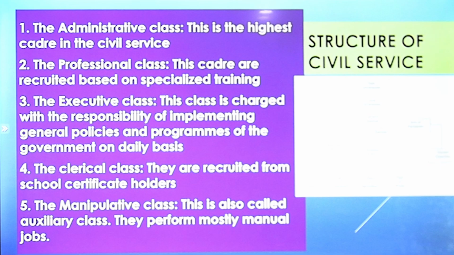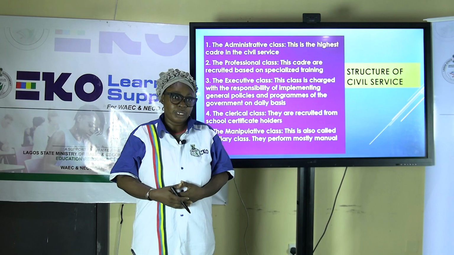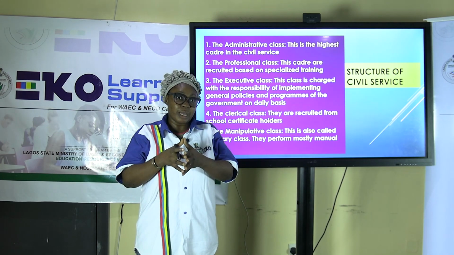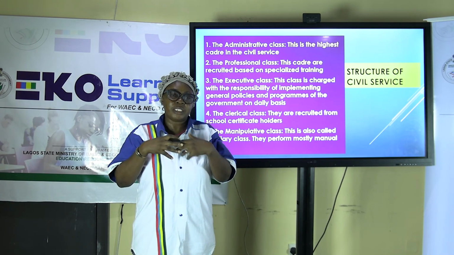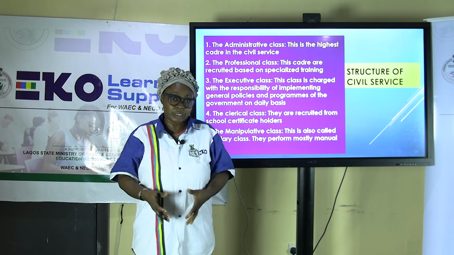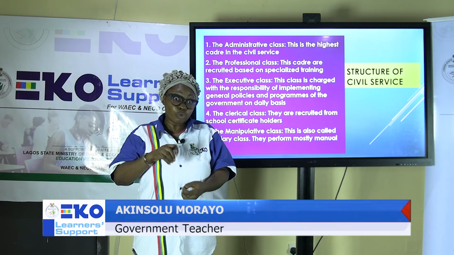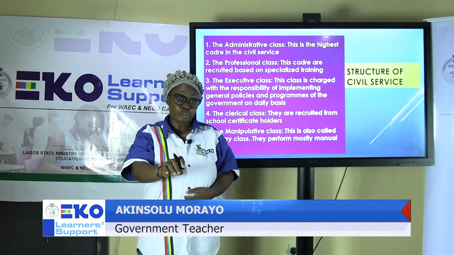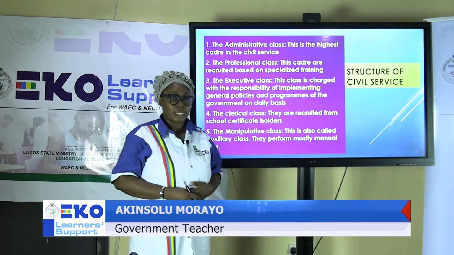This is charged with the responsibility of implementing general policies and programs of the government. For example, the executives, the deputy executives in each office or each ministry, and the diplomats, those that have diplomas or masters in what they are doing, are recruited based on their training to be under this class.